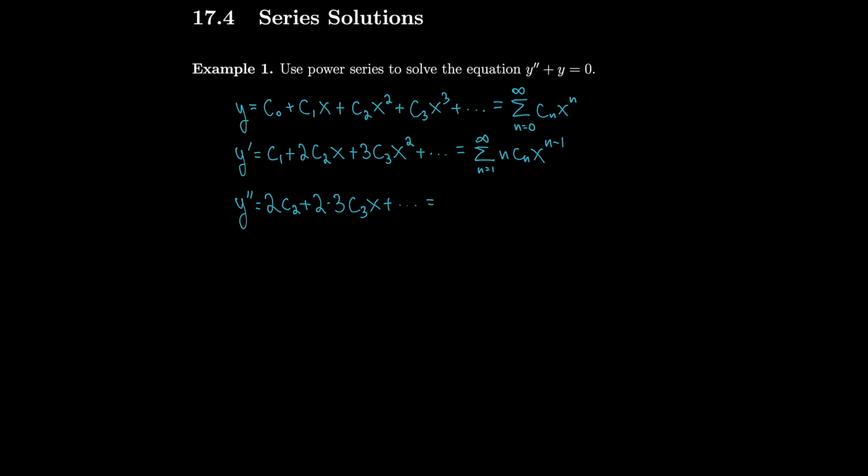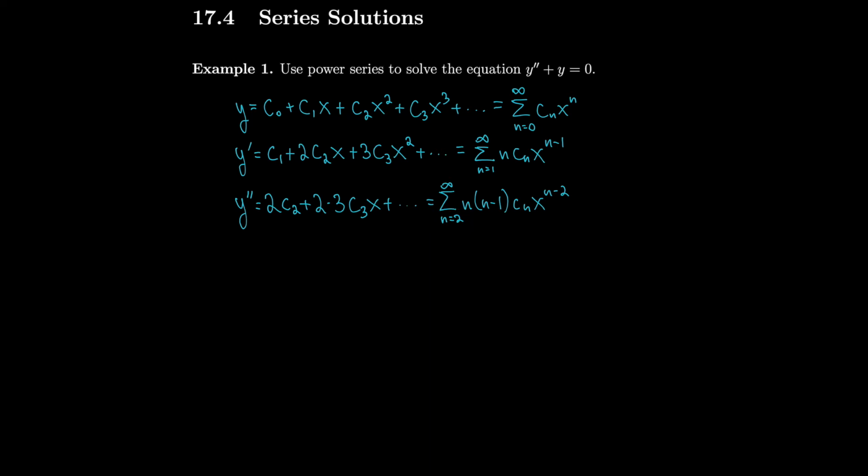So writing that as a series, that's the sum from n equals 2 to infinity of n times n minus 1 times cn times x to the n minus 2. Now notice we're going to want to plug these both back into our differential equation, and this series for y starts at 0, but this series for y double prime starts at 2.